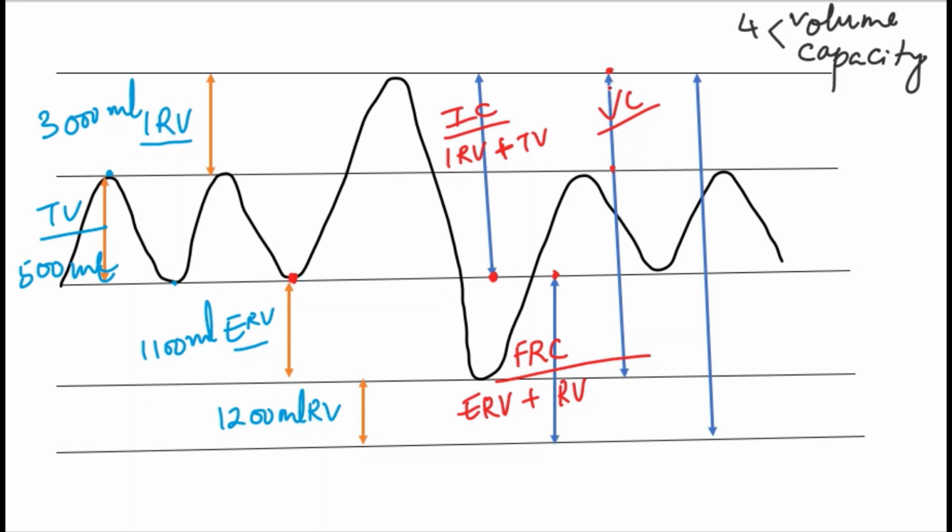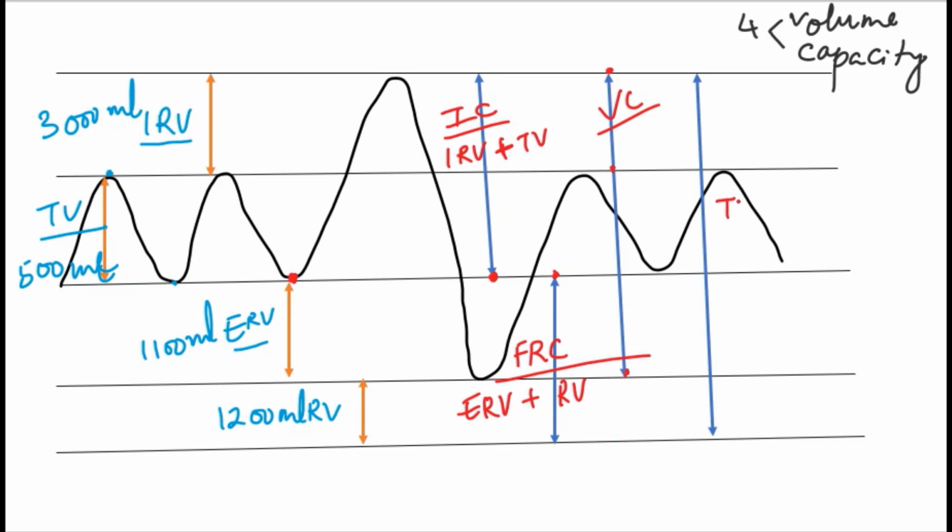This volume, as we call it IRV, is the volume that you can inspire up and above your normal inspiration. So you have taken maximum inspiration. From that point, you try to expire forcefully as much as you can until the end of your ERV. That is your vital capacity.